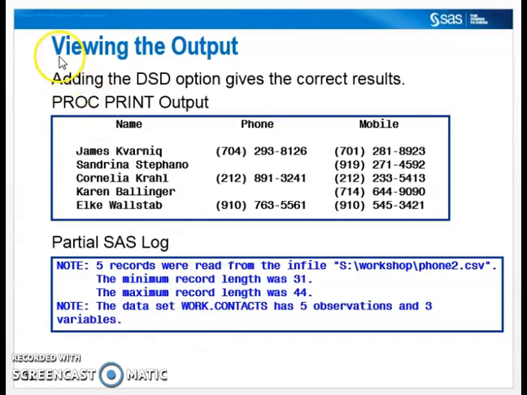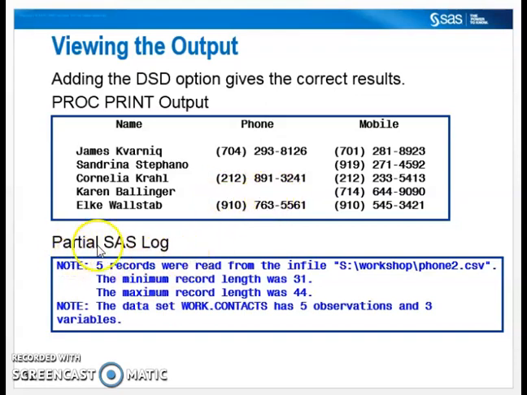Once you submit the program, you can view the output. Adding the DSD option gives the correct result. The PROC PRINT output looks like this, meaning that a comma with a consecutive comma puts a blank for the missing value, and the same for the fourth observation.